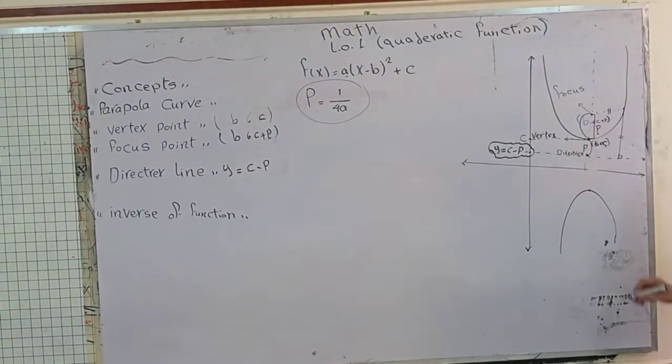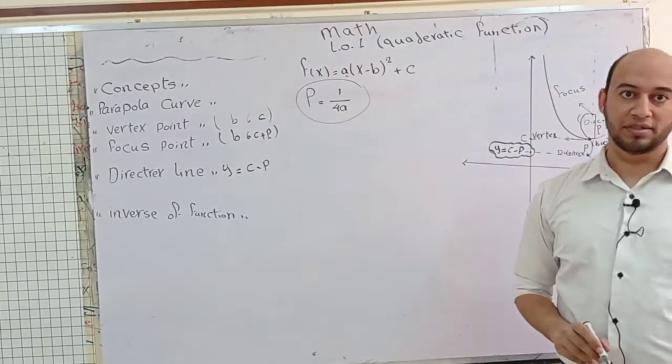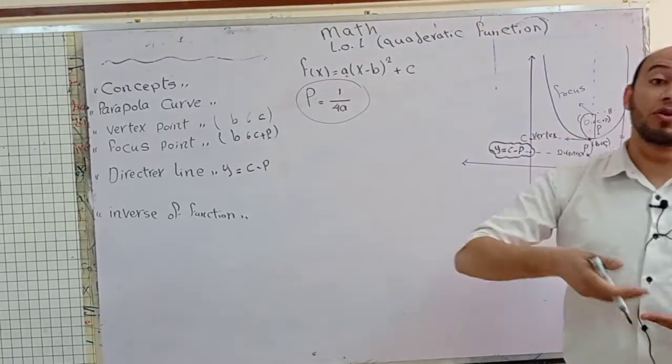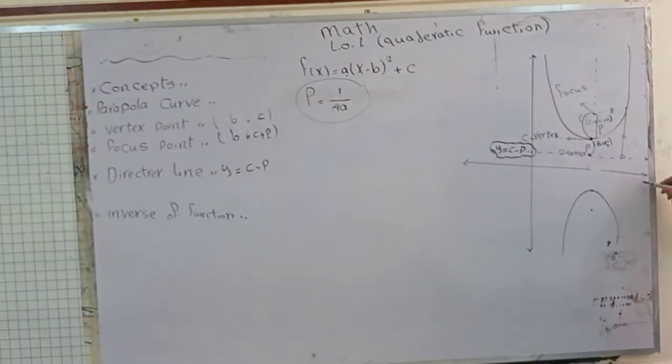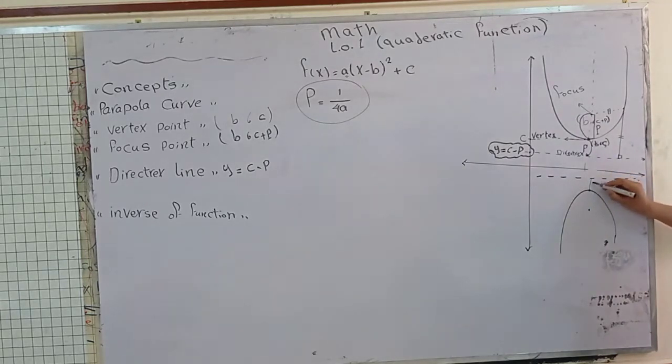This is the vertex. And the focus will be lower than the vertex. The focus point will be lower than the vertex. And the directrix line will be above the vertex. So this distance is B and this distance is B.